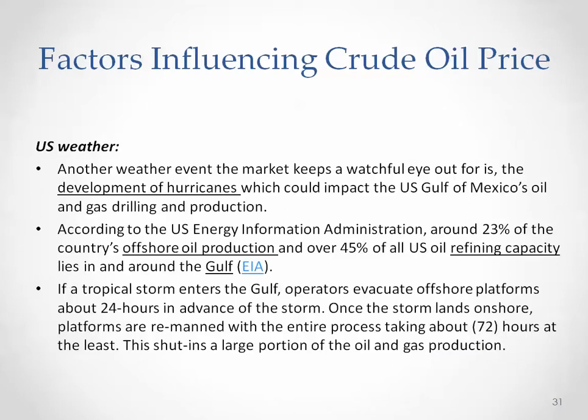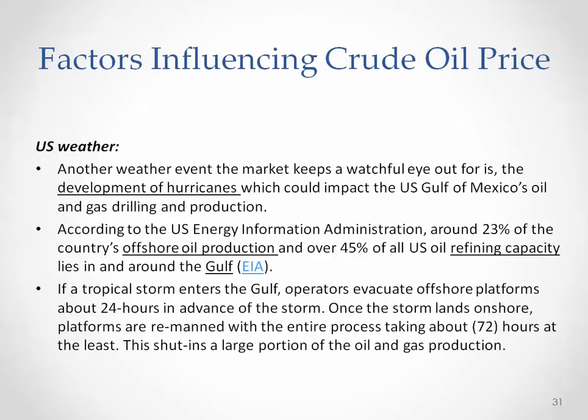The other weather event that could potentially affect the crude oil price is hurricane. According to EIA, Energy Information Administration, around 23% of the offshore oil production and 45% of U.S. oil refining capacity is around the Gulf of Mexico, and this is the section that, in case of hurricane, could potentially be affected, and supply can be interrupted.